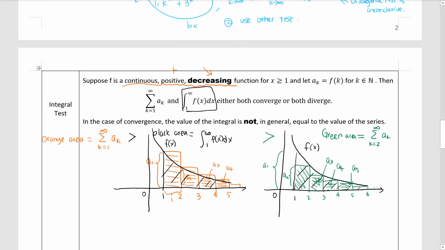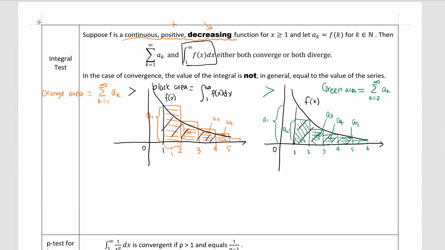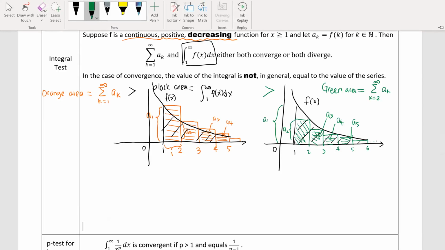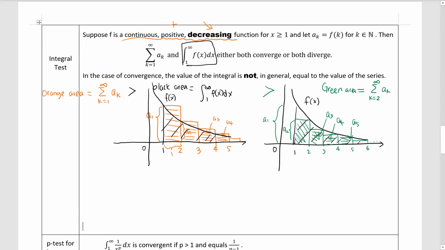Okay, so let's do it here. If we look at this picture, let me use a different color. From this inequality, we know that this is the big guy, this is the small guy, right?